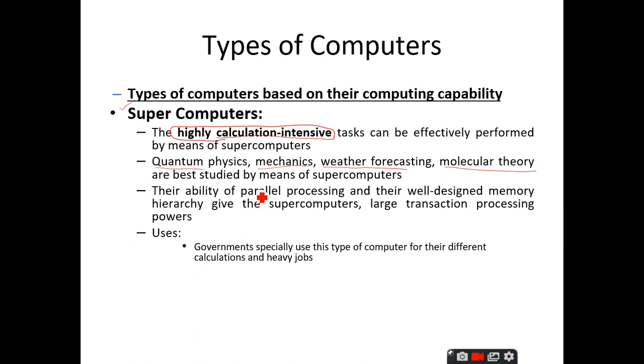Parallel processing means you are going to process the data in parallel. For example, you might have heard the term quad core computers. A quad core computer consists of 4 cores for a processor: this is 1, this is 2, this is 3 and this is 4. Each core is capable of executing a particular instruction.